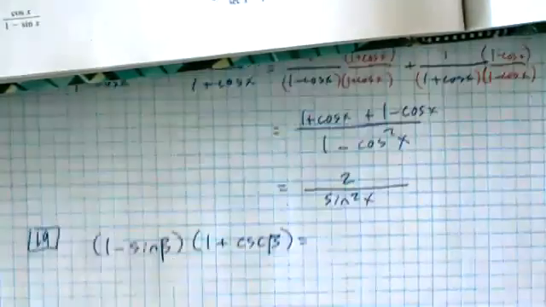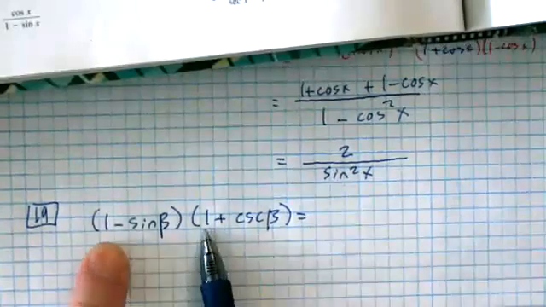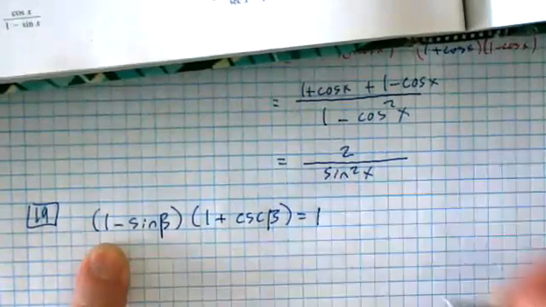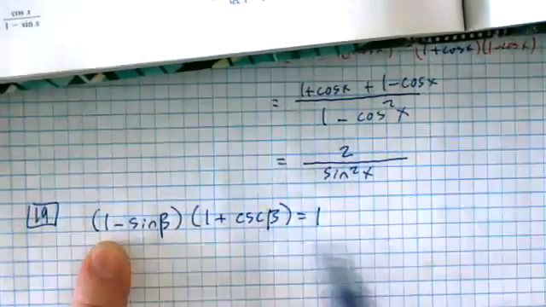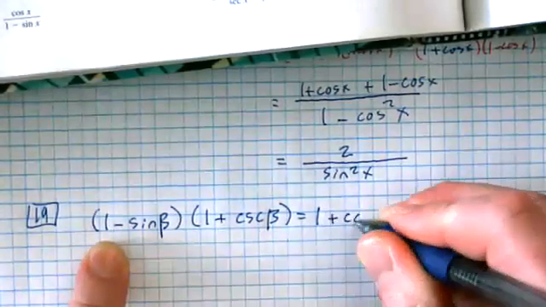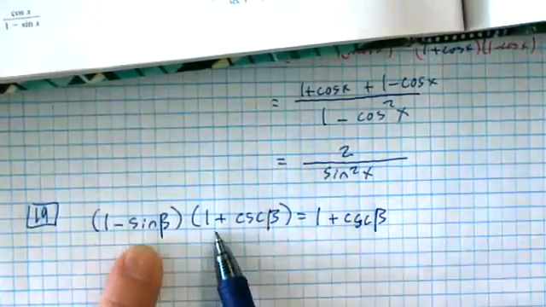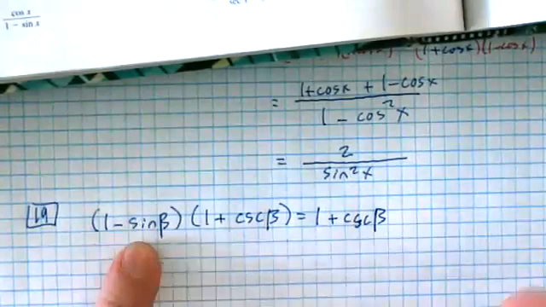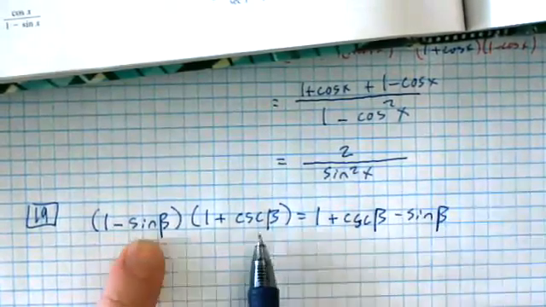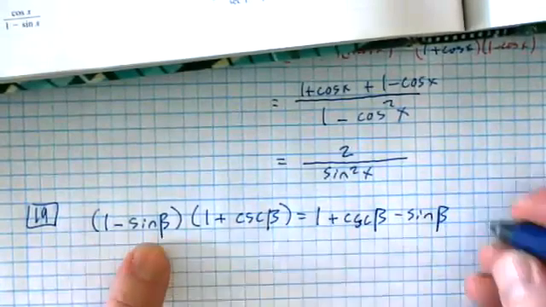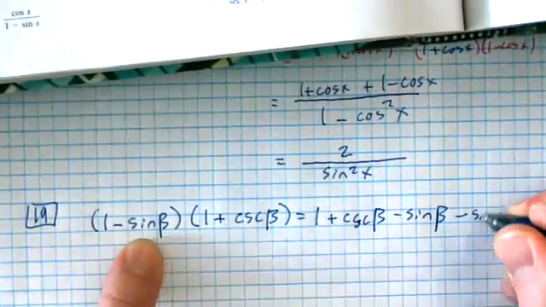So yeah, if you do FOIL on this, first times first would be 1. Outside times outside would be cosecant beta. Inner times inner would be 1 times negative, so that's negative sine beta. And last times last would be negative, and then sine and cosecant, sine beta.